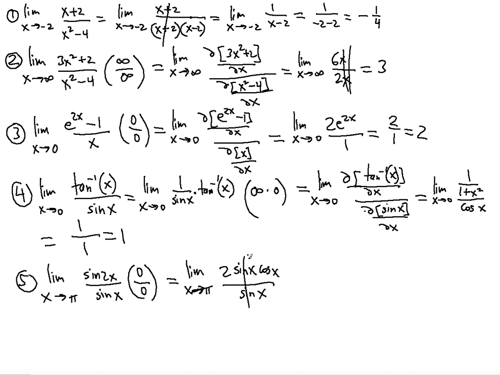And that way the sine gets cancelled and you have basically 2 cosine of x remaining. And the cosine of pi is going to be -1, so it's 2 times -1, which is -2.